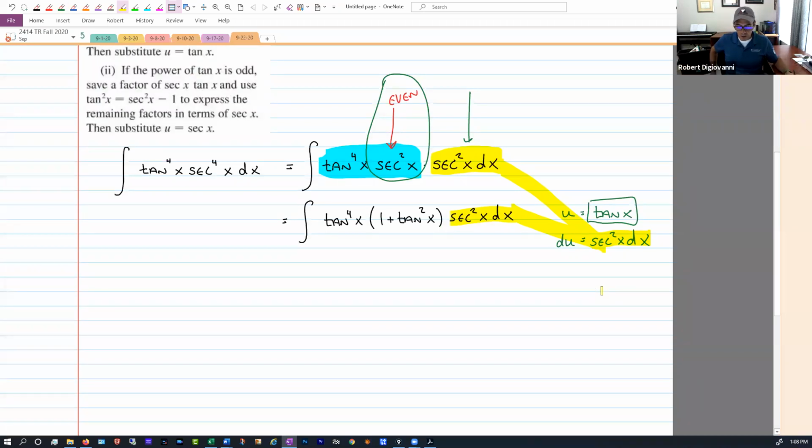Okay, so the yellow part's going to be replaced with du, and then these parts in green, the tangent here and the tangent here, those are going to be replaced with u's. So my integral is going to look like this. Integral, I'm going to have u to the fourth, don't forget that's tangent to the fourth, so u to the fourth, parentheses 1 plus u squared, and then everything in yellow is just du. And now we have a nice polynomial. We can distribute the u to the fourth through the parentheses.